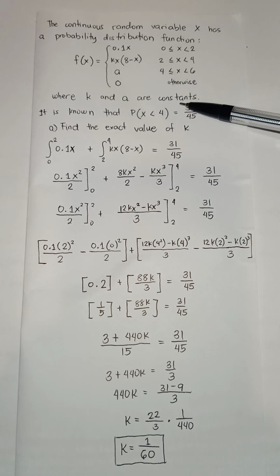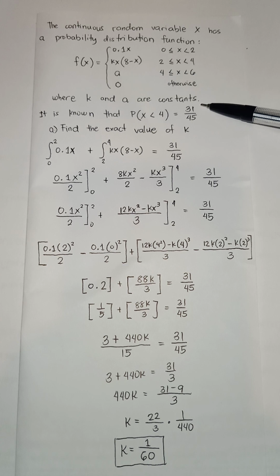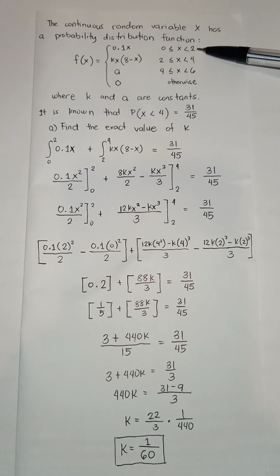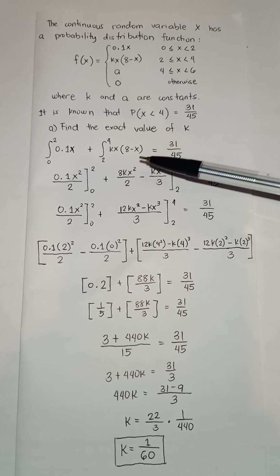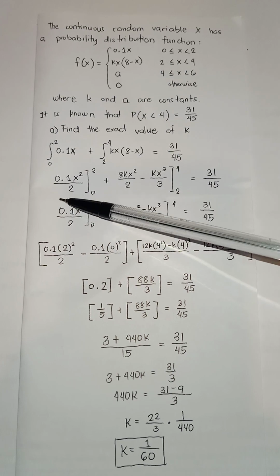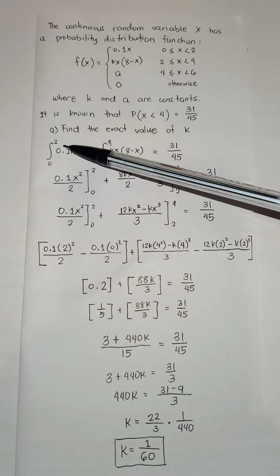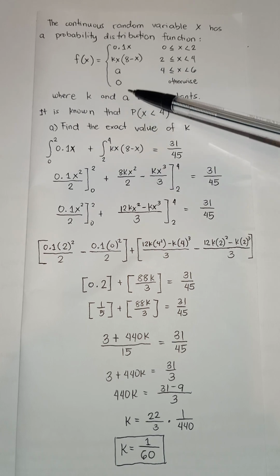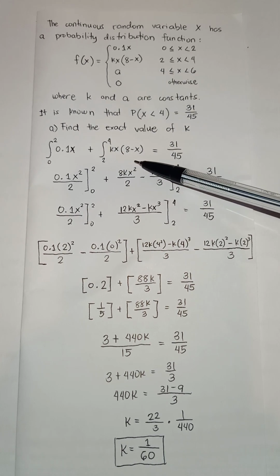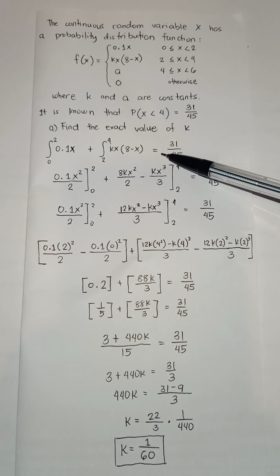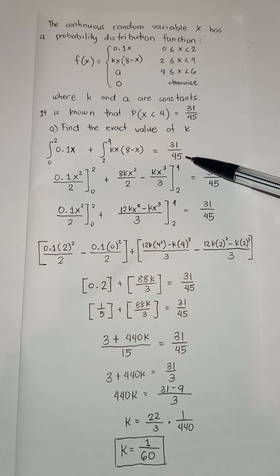Okay, so we will use this given area as the sum of these two areas. So we will be using integration. We integrate 0.1x from 0 to 2 plus the integral of kx times (8 minus x) from 2 to 4. So the area is equal to 31 over 45.